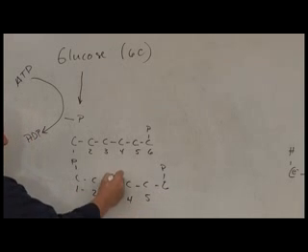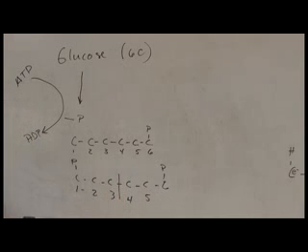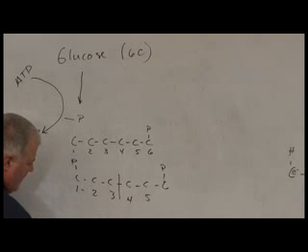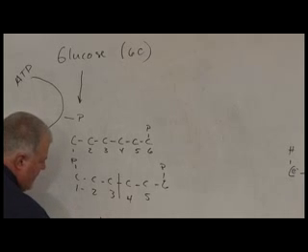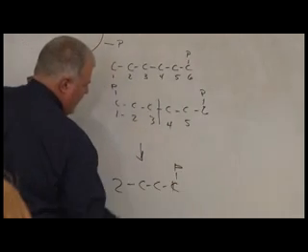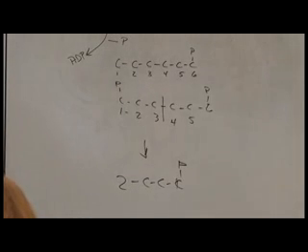So then when I break it down into pyruvic acid, I'm going to end up with each molecule a mirror image of themselves in terms of having a 3-carbon compound with a phosphate on it, which is pyruvic acid. So what I'm going to end up with out of the process then is 2 of these 3-carbon compounds with a phosphate on it.